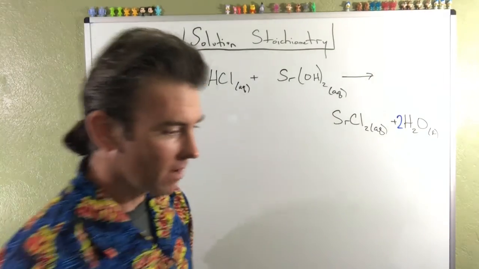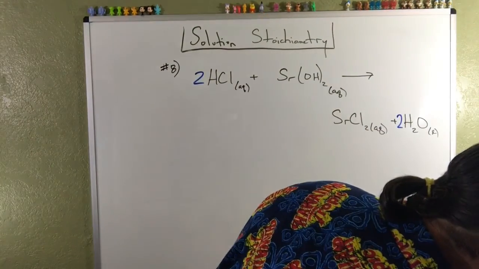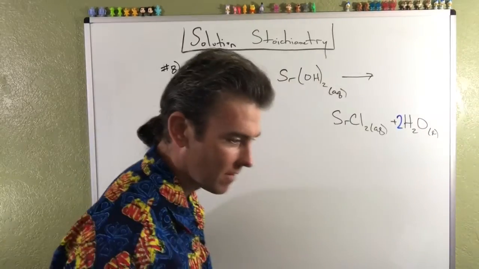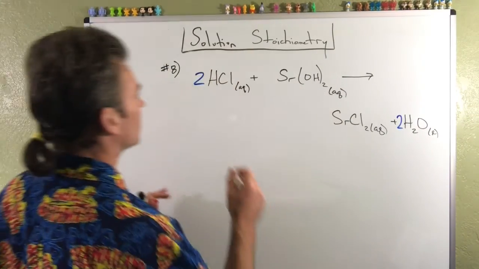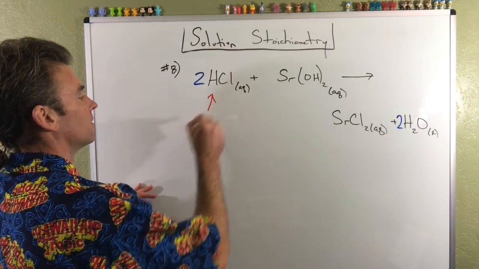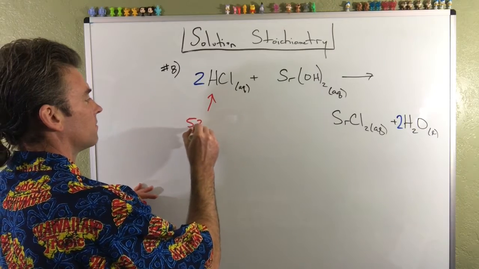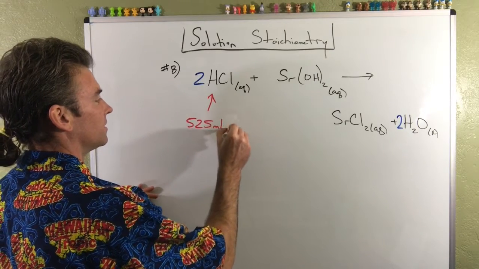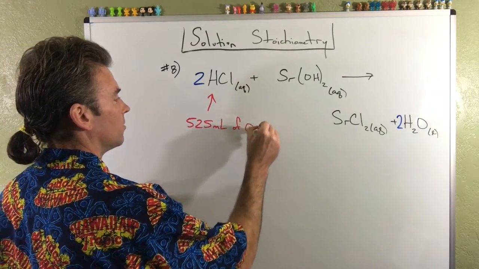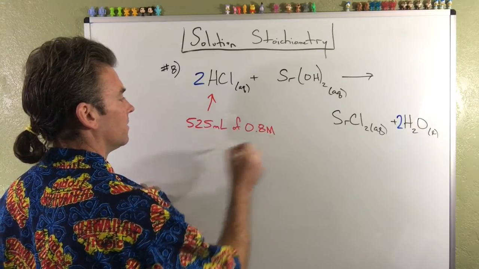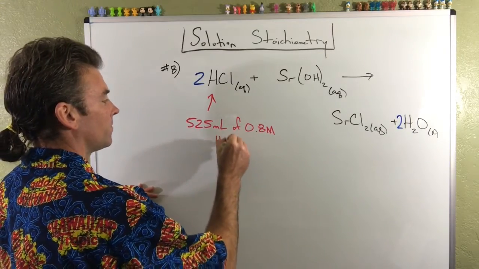We're going to map it out just like we always have. I know that I've got 525 mils of 0.8 molar HCl.